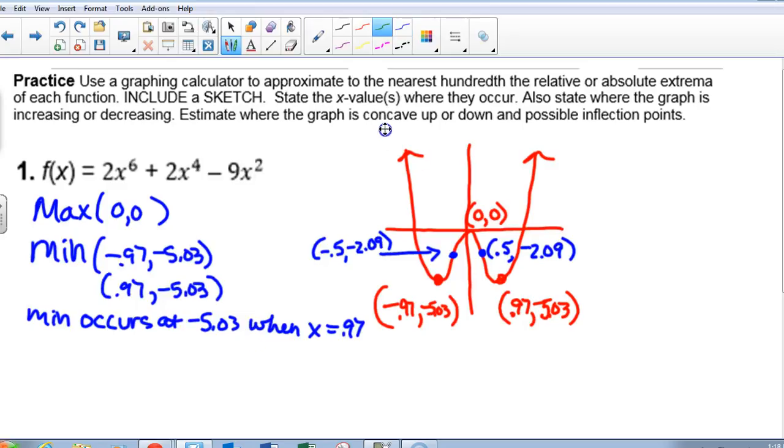Okay. Then it says where the graph is increasing or decreasing. What does it start out doing, as I come from the left? Decreasing. So let's start with that. From negative infinity to what? Remember, x values. Negative 0.97. Then what is it doing?